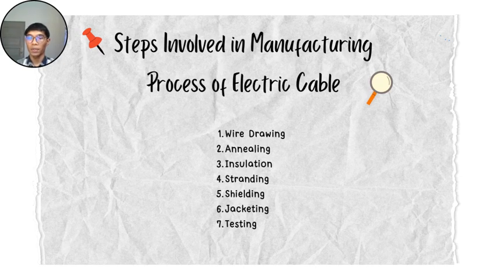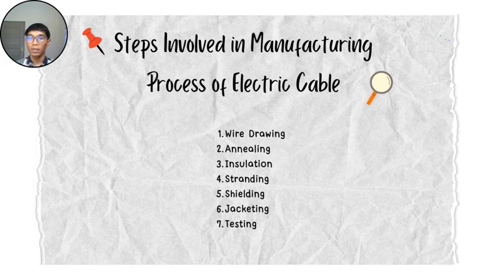Next is shielding. In certain cables, an additional layer of shielding is added. This could be a metal braid or foil to protect the cable from electromagnetic interference. After that, we have jacketing.